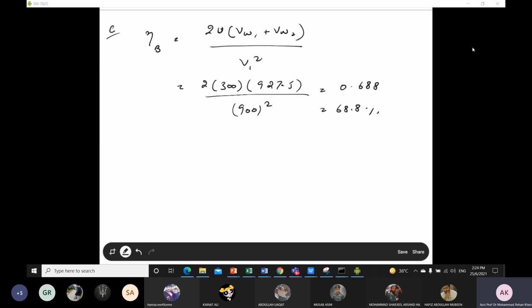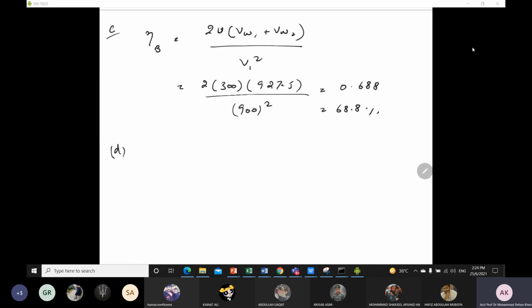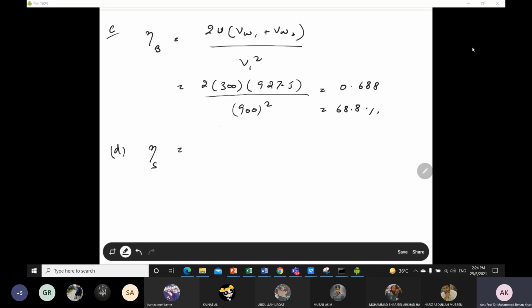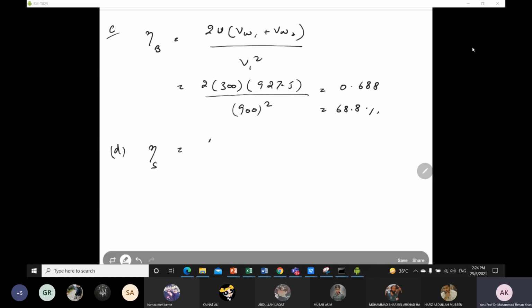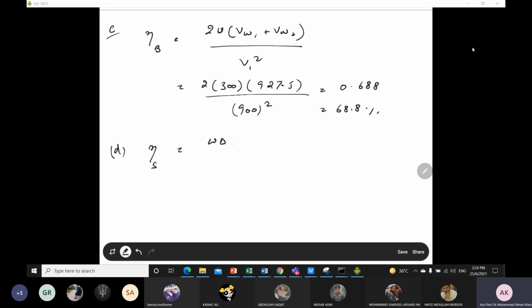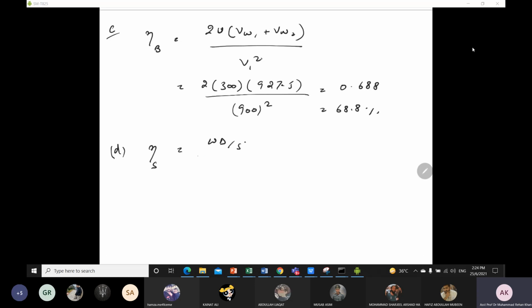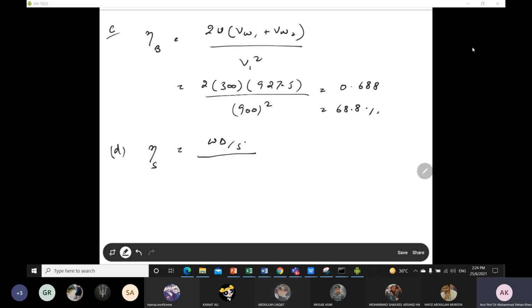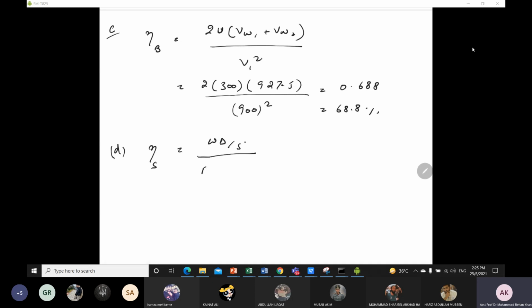And now moving towards part D, where we have to find the stage efficiency. So I can write theta stage. We have already seen the formula in the last lecture, which is work done on the blade per second, so basically this is power in kilowatt, divided by energy supplied to the blade.